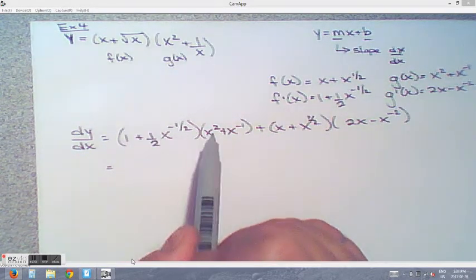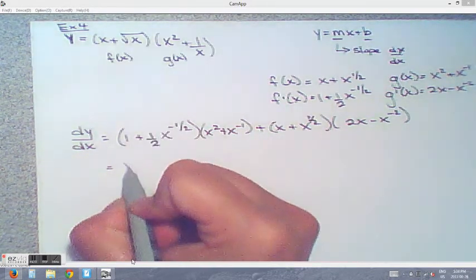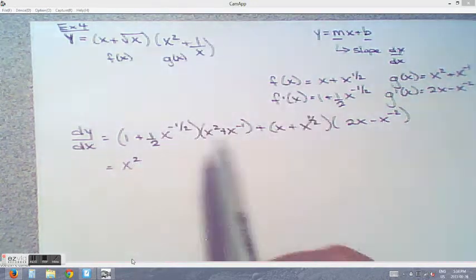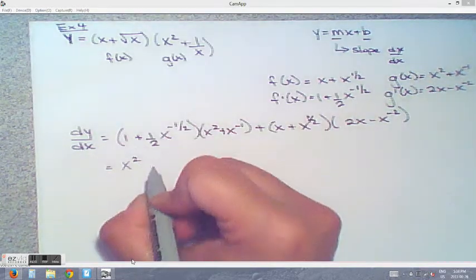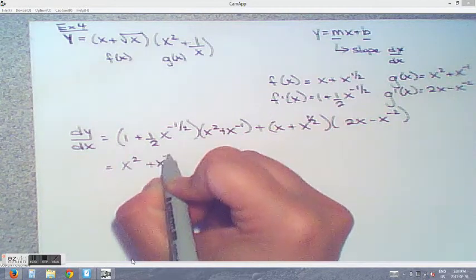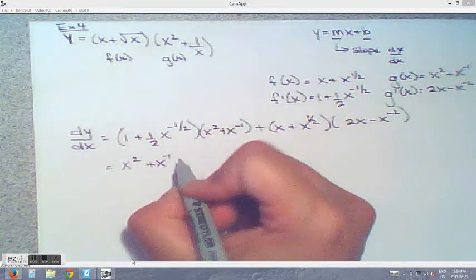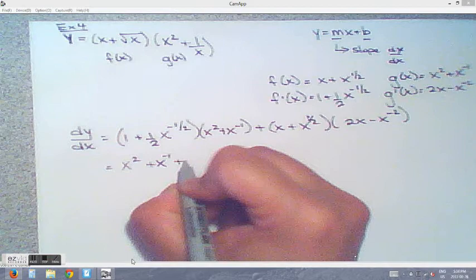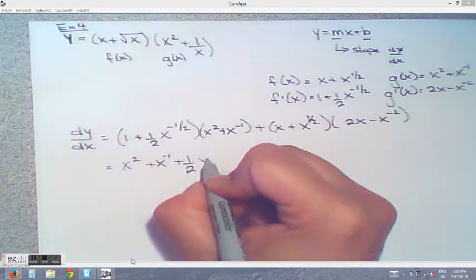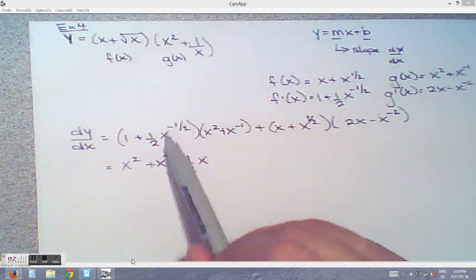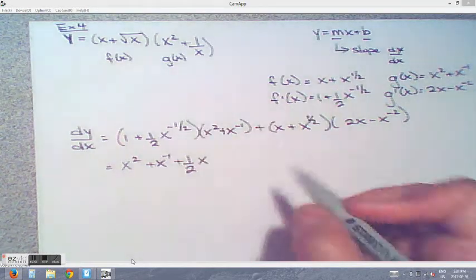So this times this is x squared. The outer, which is plus x to the negative 1, the inner, which is 1/2 x. We're going to add the exponents.